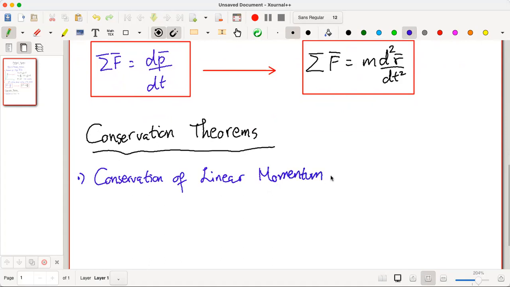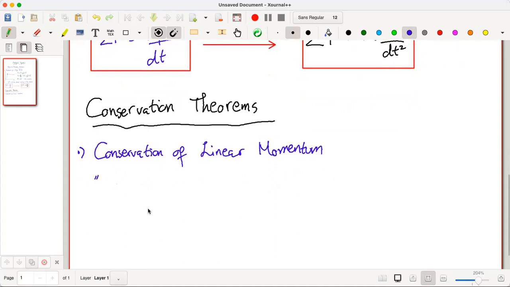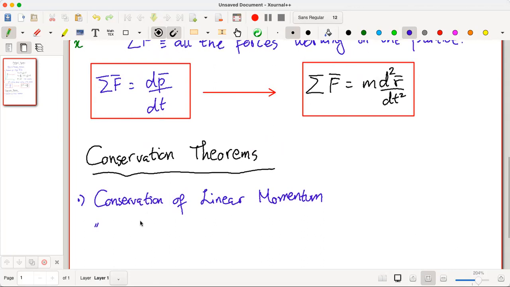Well, this is very familiar. It says that if the total force is zero, or maybe we can say this conservation law just from the statement here. So this law, the conservation law of linear momentum, is just a consequence of Newton's law.